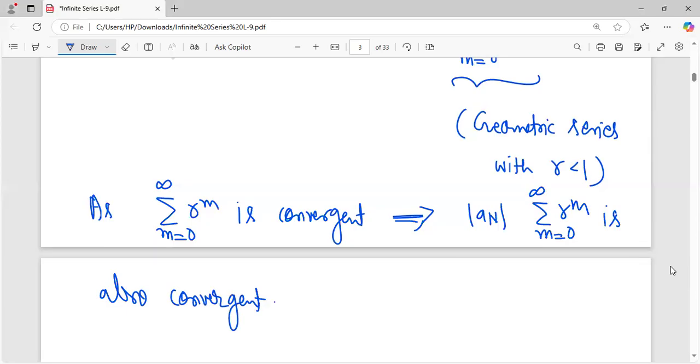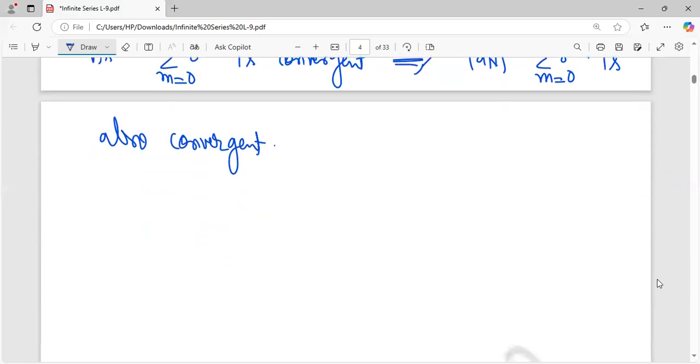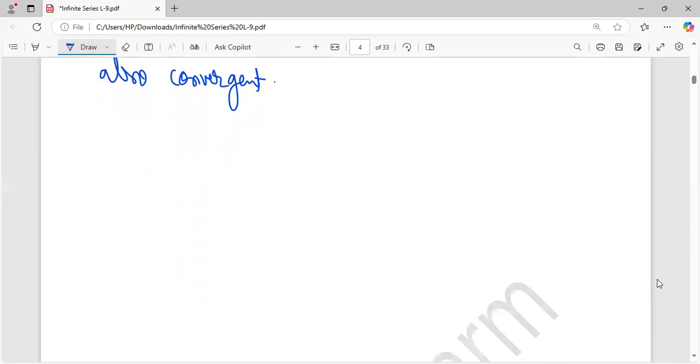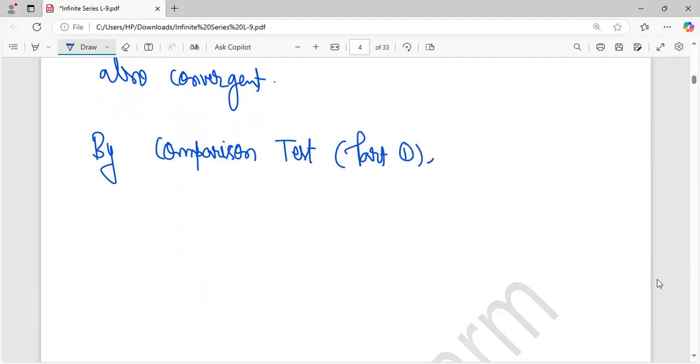Now by comparison test part 1, we get this series summation m goes from n to infinity of a_m is convergent.